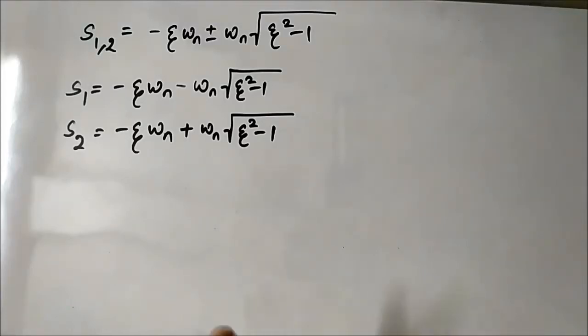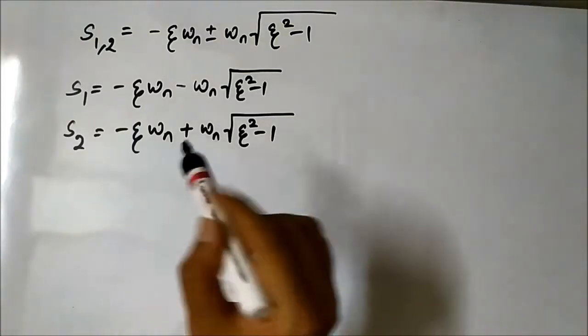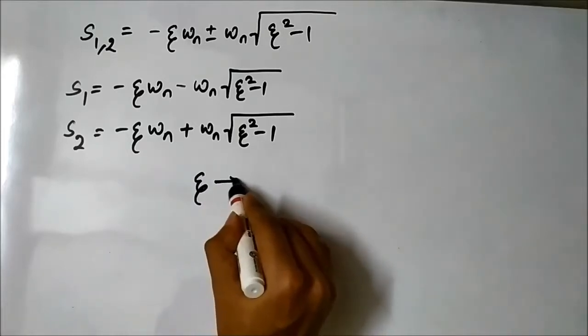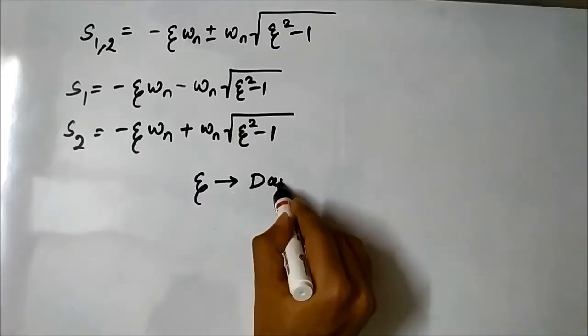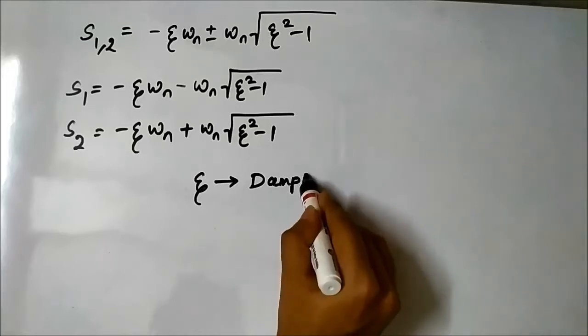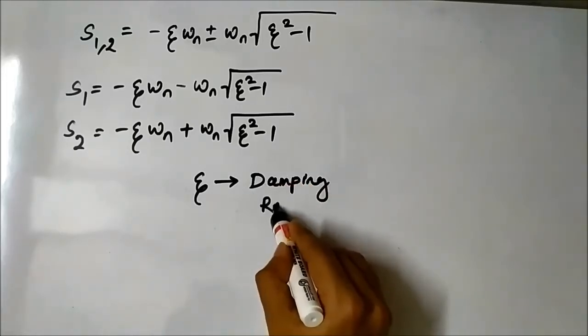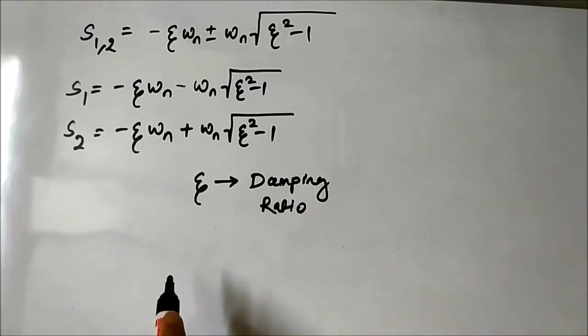Okay, so now for different values of zeta, which is the damping ratio, the location of the roots will change.